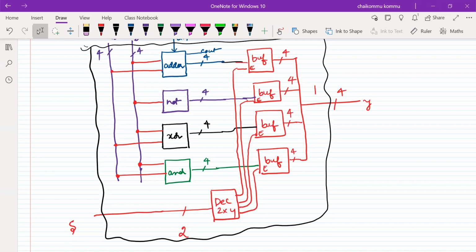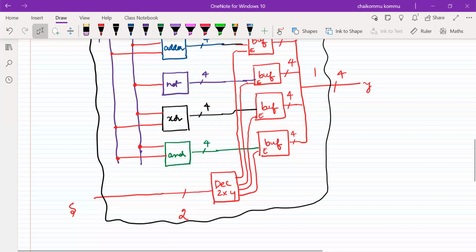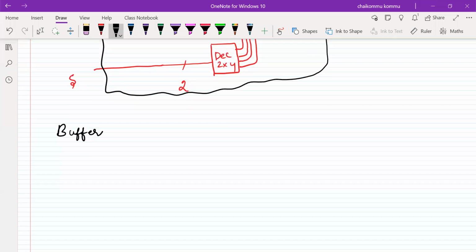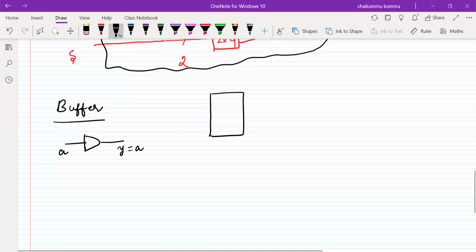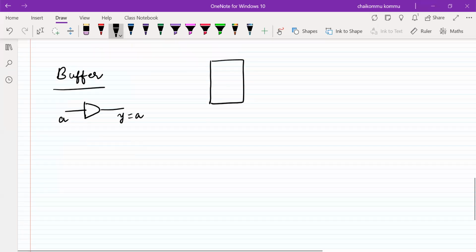So now let us consider a buffer. What is the size of the buffer? As we know, a simple buffer is just transmission of information. If A is the input, Y is actually A. If you want to make this a tri-state buffer, then we have to use some control signal.